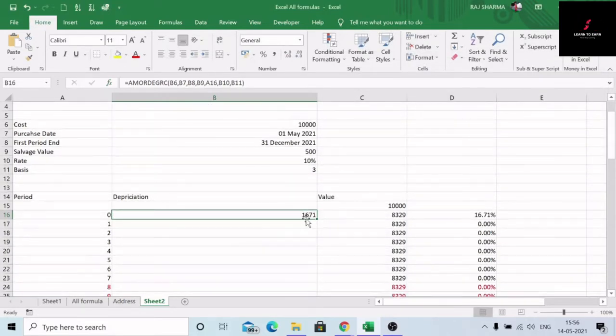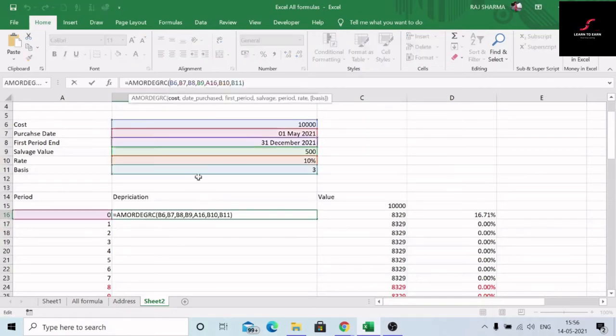So this is the depreciation. 1671 is going to be charged on 31st December 21 for this period, 1st May 21 to 31st December 21, and the closing balance of this fixed asset will be 10,000 minus 1671, that is 8329. So on the reducing balance we can work out the depreciation.